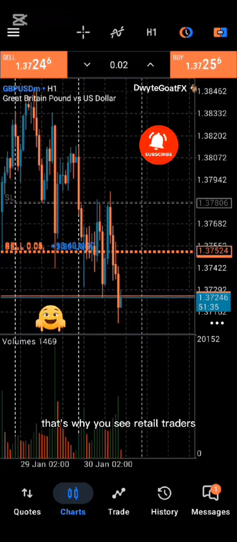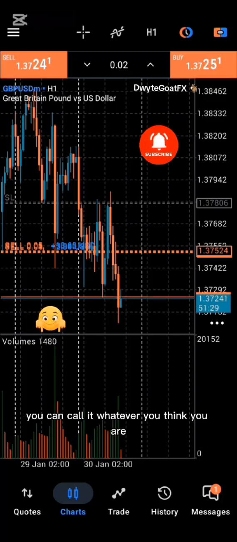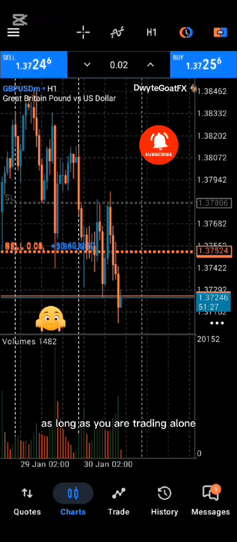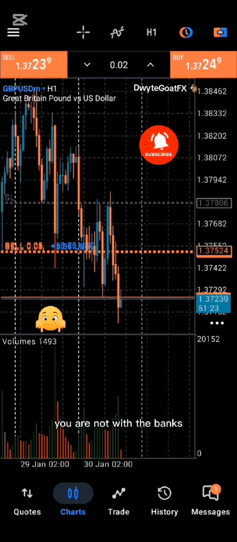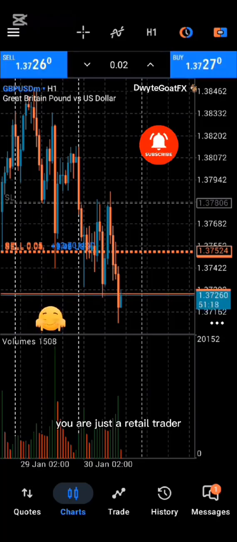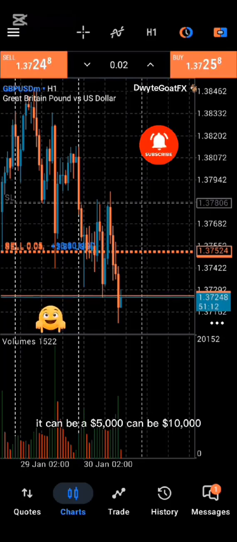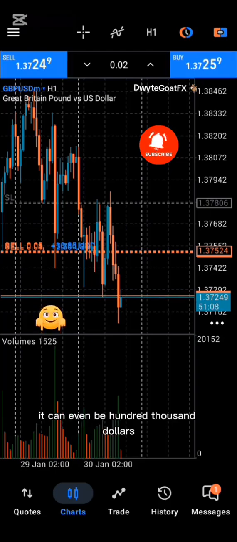That's why you see retail traders using smaller accounts, or whatever form of account you can call it. As long as you are trading alone, you are not with the banks, you are not with a big institution, you are just a retail trader, regardless of how much you have in your trading account. It can be $5,000, $10,000, it can even be $100,000.